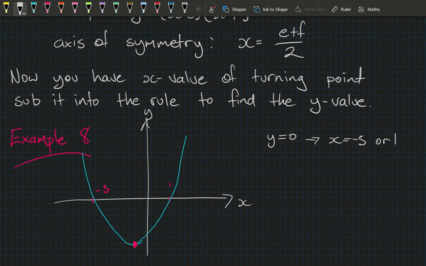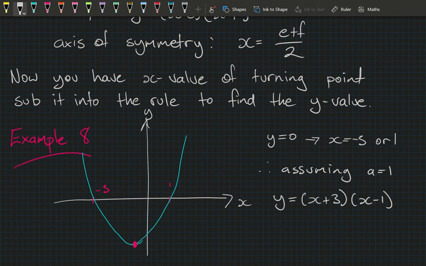We're not told anything about a, so let's just assume a is equal to 1. We know that the rule will be y is equal to (x plus 3) times (x minus 1). That's because if x is 1, x minus 1 is 0, or if x is minus 3, x plus 3 is 0.